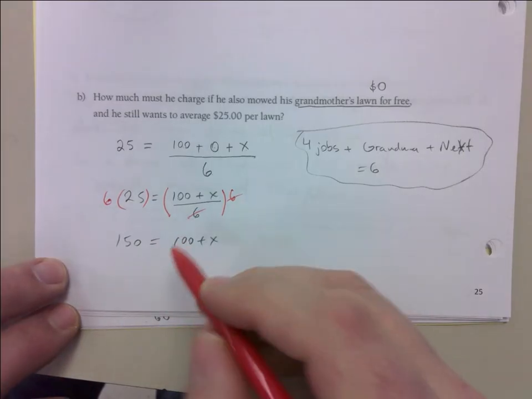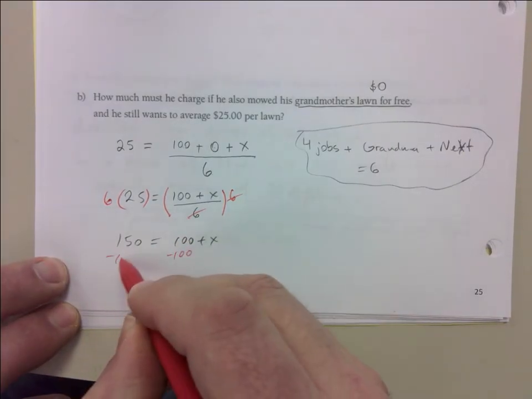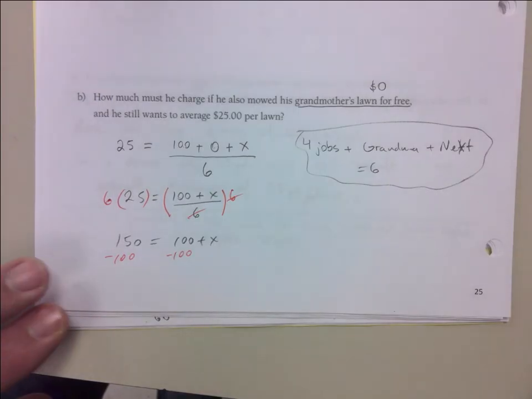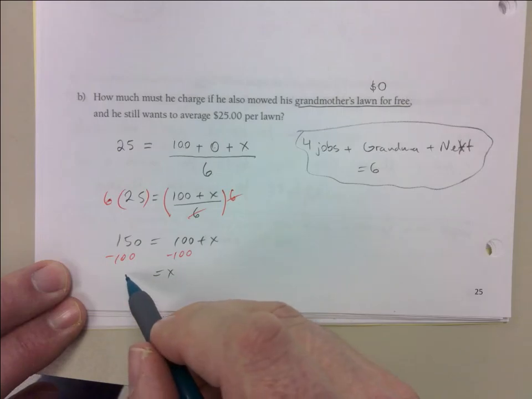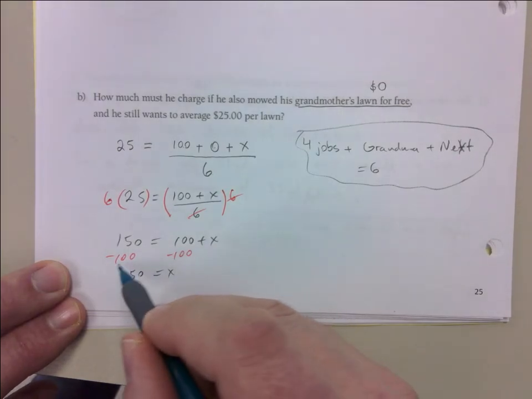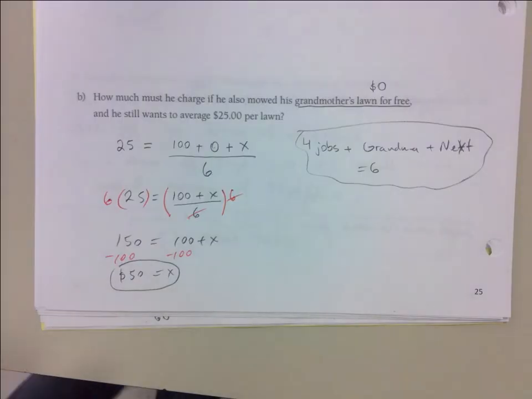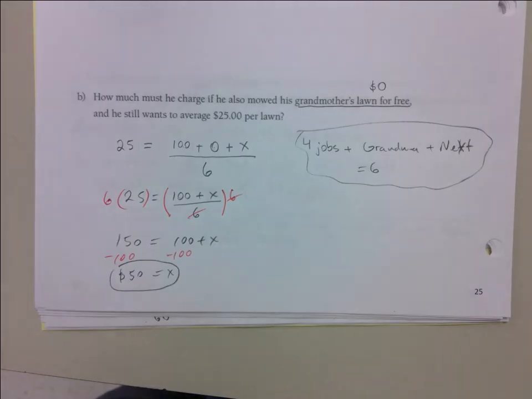Then we subtract 100 from both sides. And this is 50. Now, to achieve your goal, on the next job, he has to charge $50 to still get that average of $25 per job.